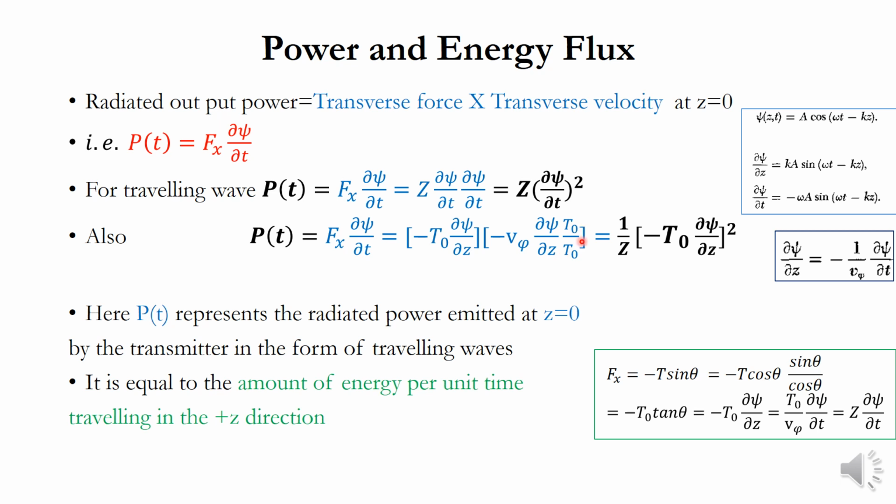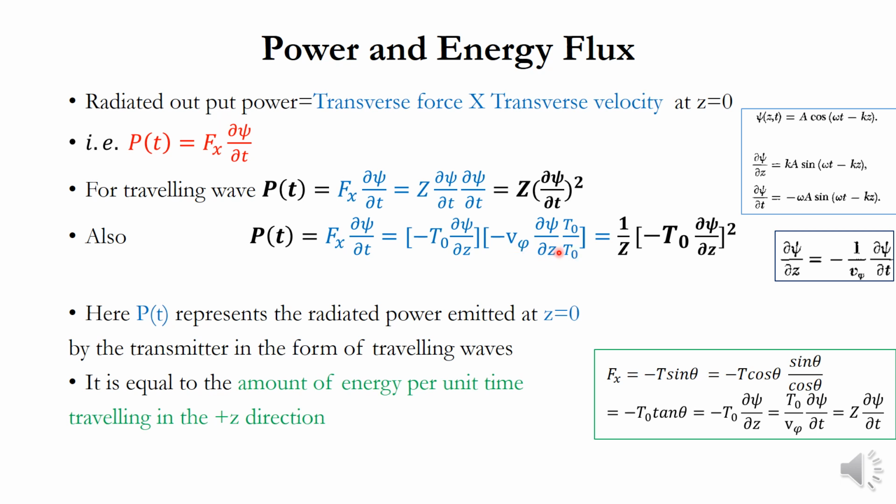T0 by T0, which is equal to 1, is added here for simplicity of this derivation, so that this becomes T0 square, minus T0 square dou psi by dou z whole square divided by v phi by T0.